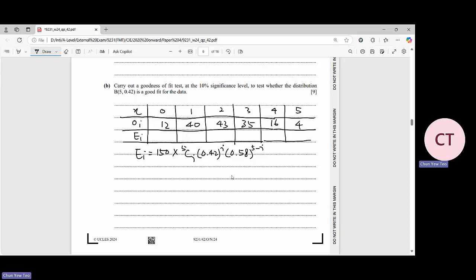So for this value, you put E0, then you get 150 multiplied by 5C0, 0.42 to the power 0, and 0.58 to the power of 5. Then you press the calculator and you will get the answer as 9.846.